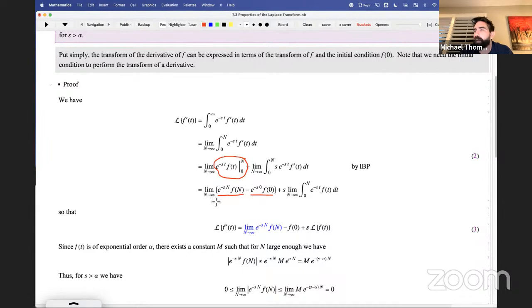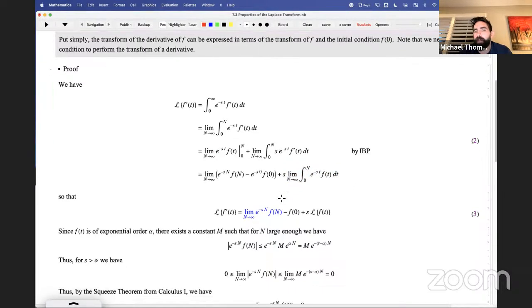And we take the limit of that result. Now over on the right, you'll notice this integral is with respect to t, which means that the s is a constant as far as the integral is concerned. So we can pull it right out the front like so. Okay, so we'll leave that alone for now.